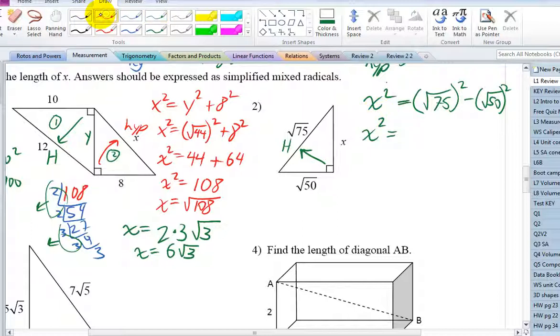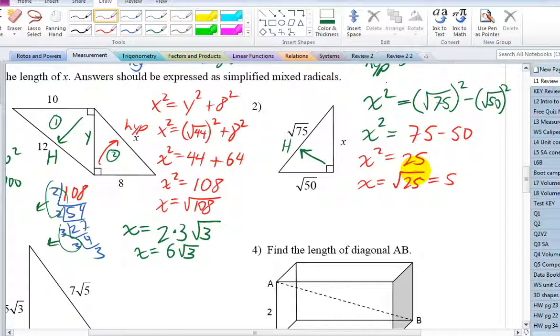What happens with squares and square roots? They cancel each other out. So look how easy this is. 75 minus 50. X squared equals 25. So what does x equal? Square root 25, which equals 5. Perfect answer. No decimals. Love it.